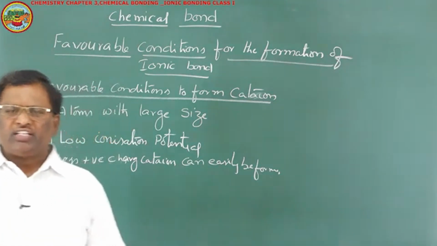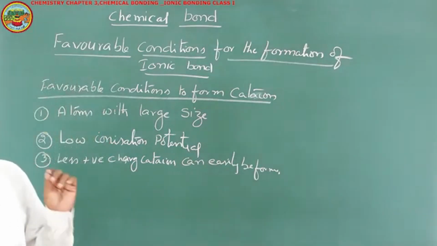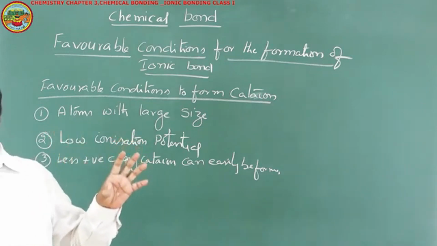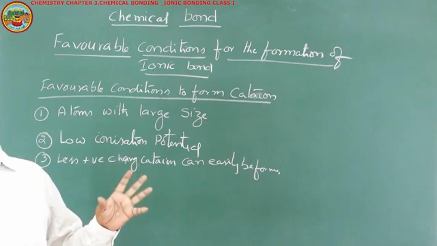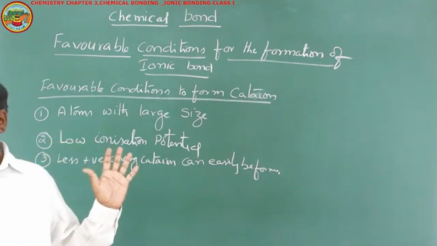So the important factors required for the formation of a positive ion are that the atom must have low ionization potential, large atomic size, and low charge on the ion.